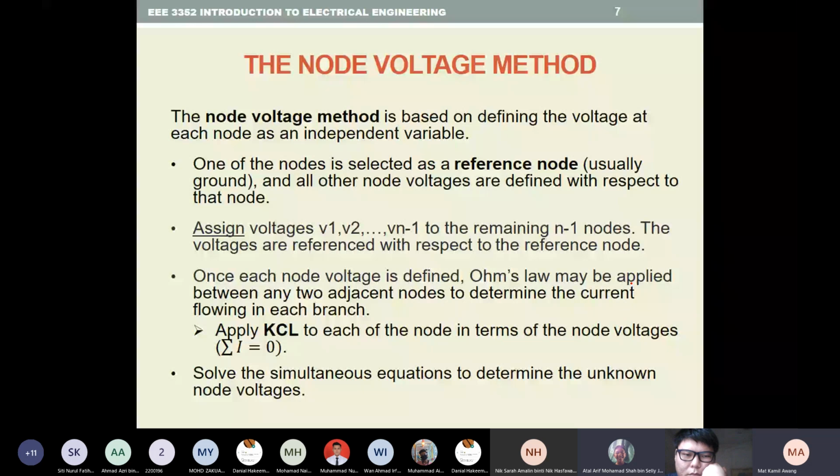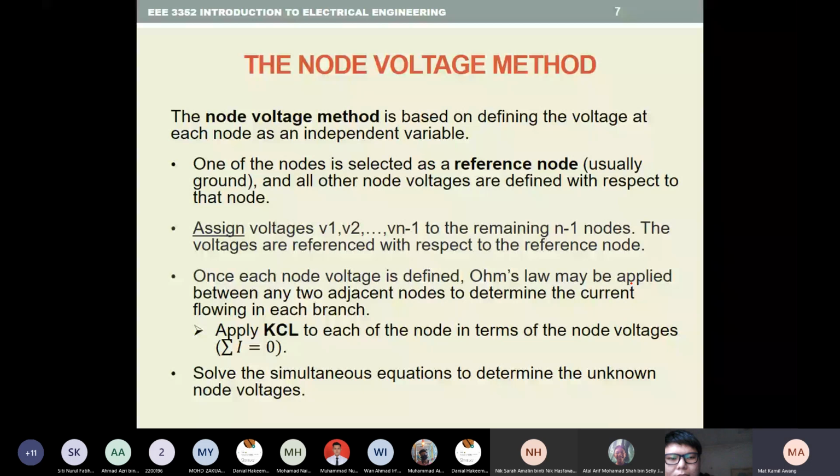This is the method that you need to go through. The node voltage method is based on defining the voltage at each node as an independent variable. Okay. So one of the nodes is selected as a reference node, usually the ground, and all other node voltages are with respect to that node.